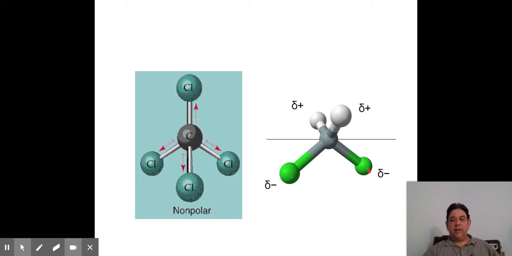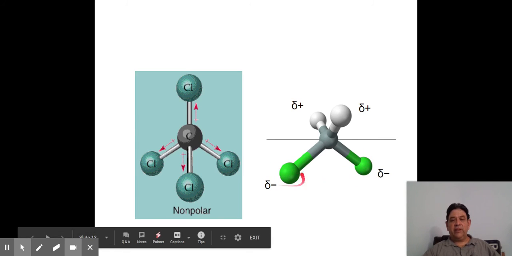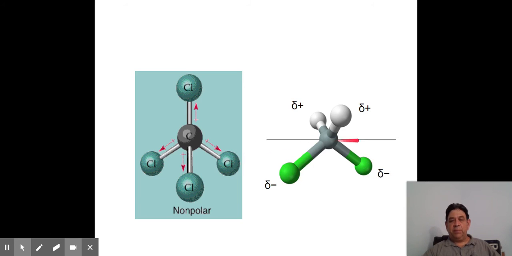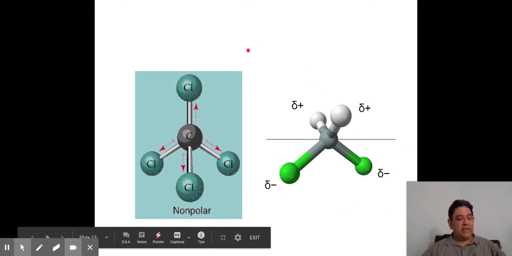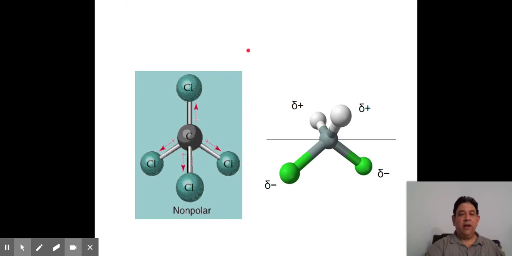The chlorines are more polar, just like over here. The chlorines are more electronegative than the carbon, so there's a partial negative here, there's a partial negative here. So we can split the molecule here, with one side all the positives, the other side all the negatives. It's a polar molecule. Okay, and so what effect does that have on the molecules?